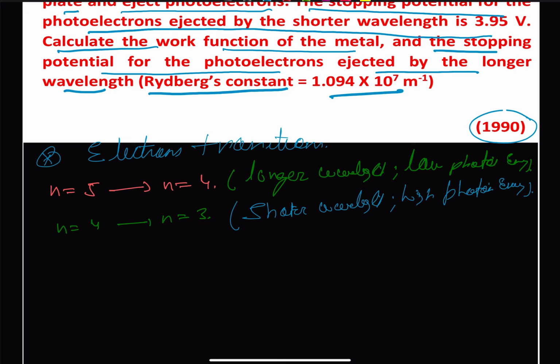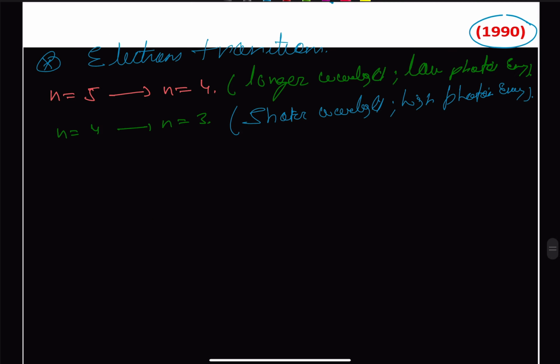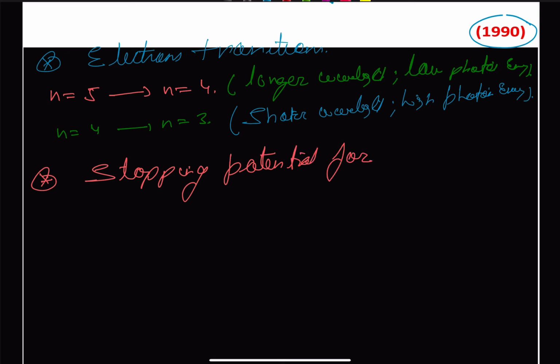The stopping potential is given to us for the shorter wavelength, that is from the 4th to 3rd transition.